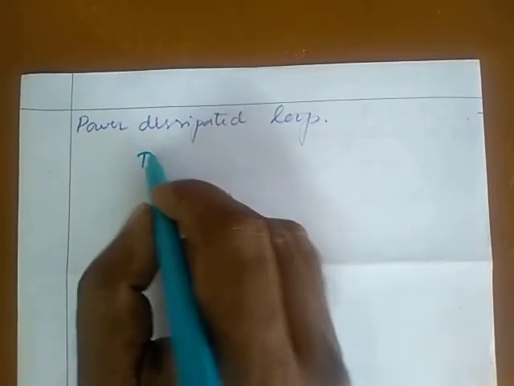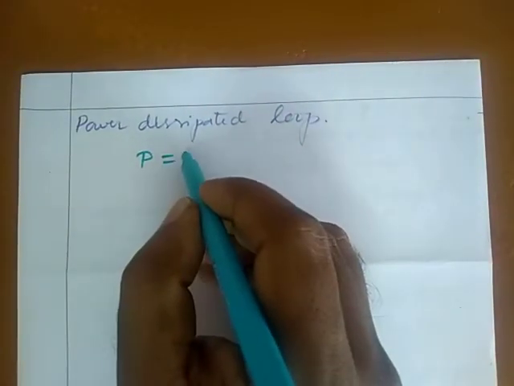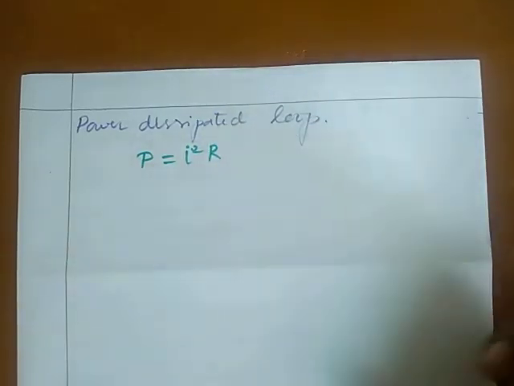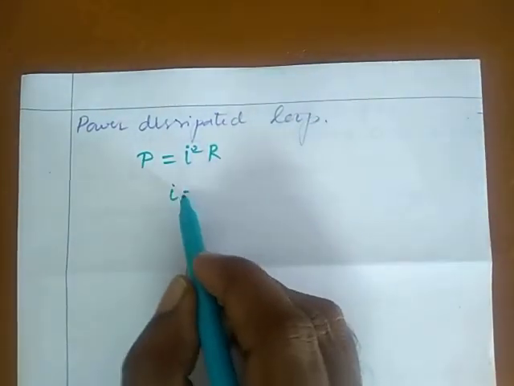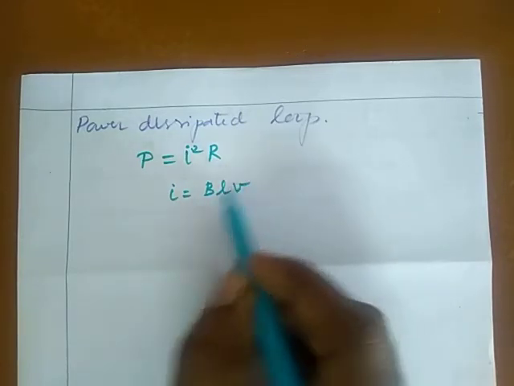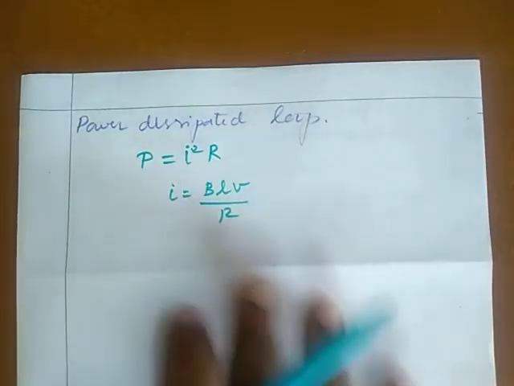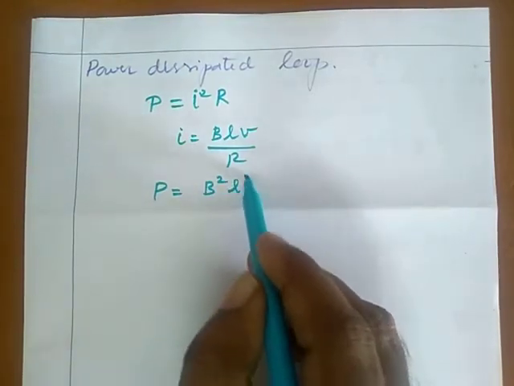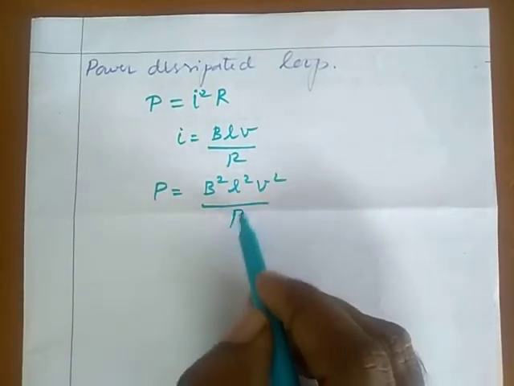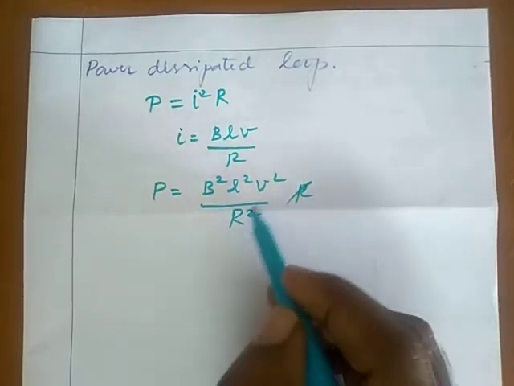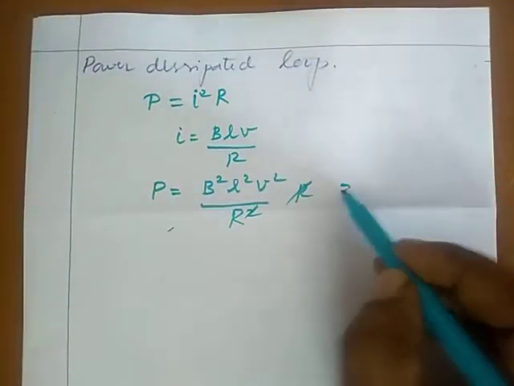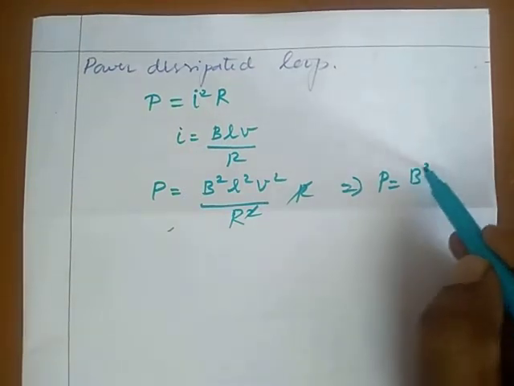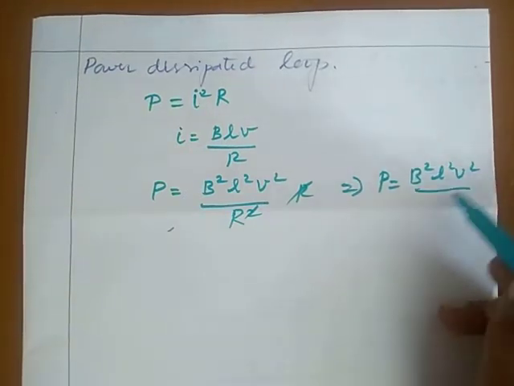From the third lesson we know power dissipated is P equals I squared R. We know I equals B L V by R. Substituting in the above expression, power becomes B squared L squared V squared by R squared into R. R cancels, then we get power equals B squared L squared V squared by R.